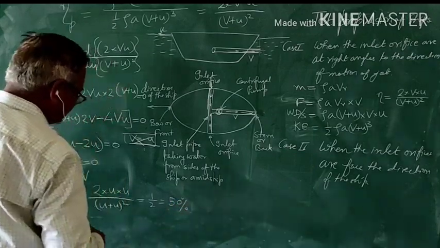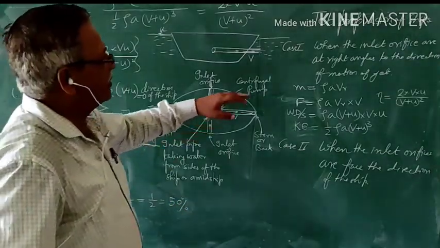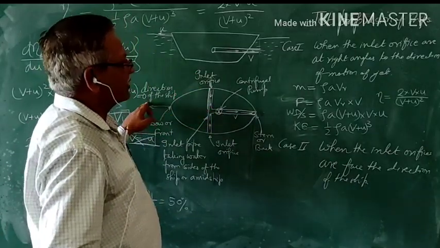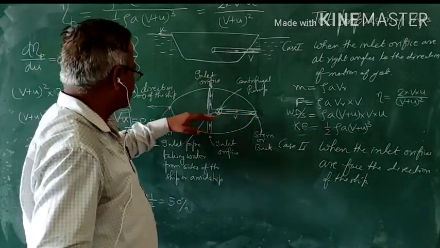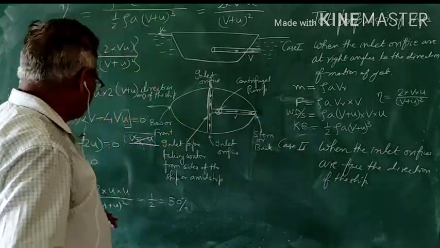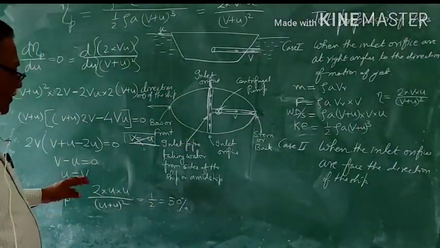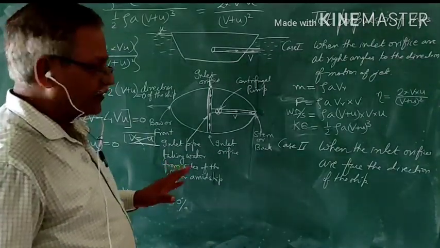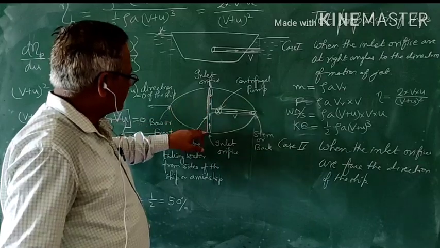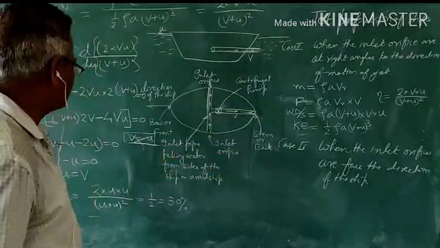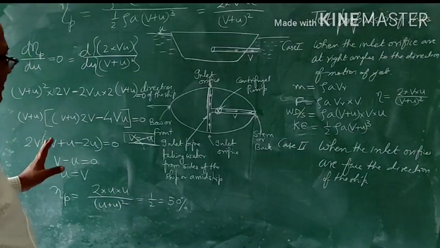So when we consider the case when the inlet orifices are at right angles to the direction of motion of the ship, the efficiency of propulsion will be maximum 50%, if we consider the losses in the pipe negligible or 0. So this is case 1.